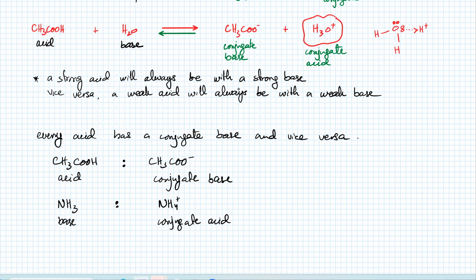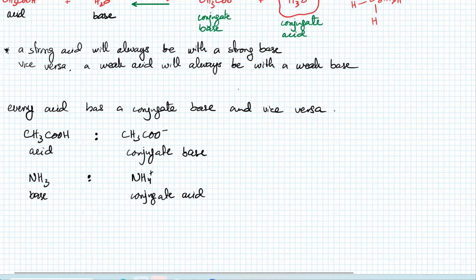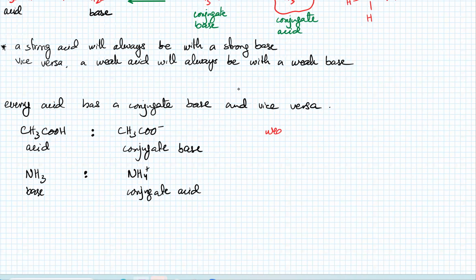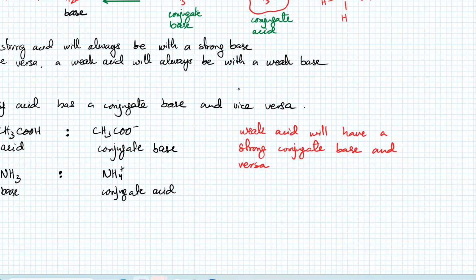Another point about this is that if you've got a weak acid, its conjugate base is going to be strong. And vice versa, no matter what the combination is: you got a weak base, its conjugate acid will be strong.